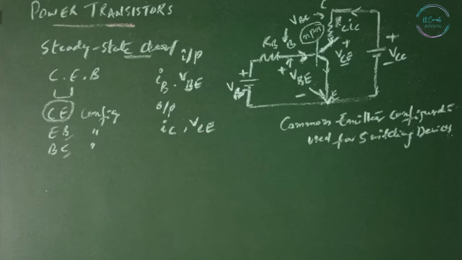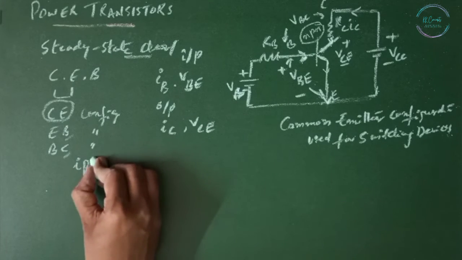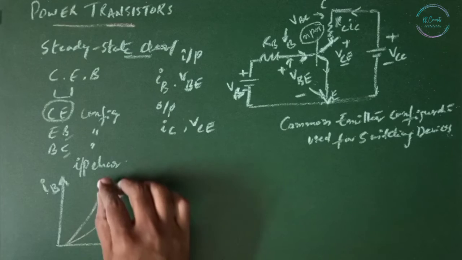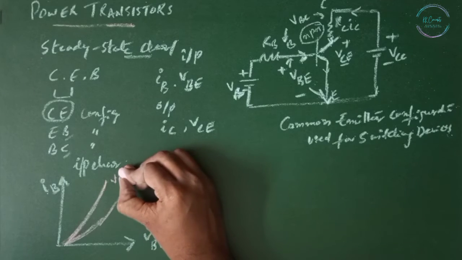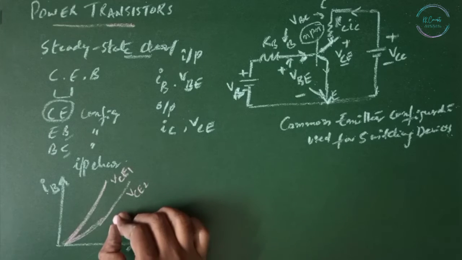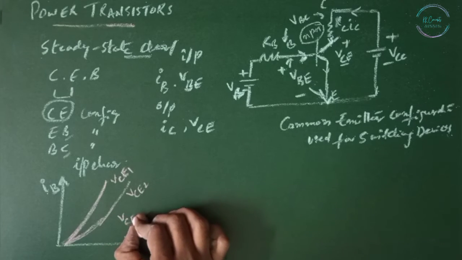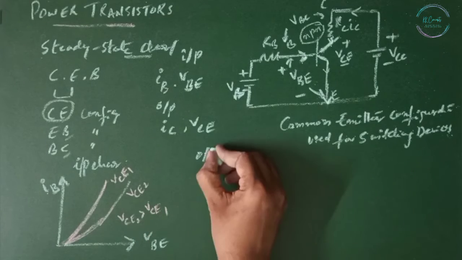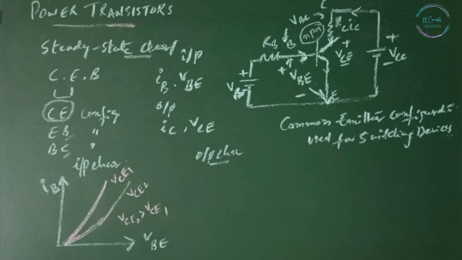Let us try to draw the input characteristics, VBE versus IB. These are the characteristics for VCE1 and VCE2, where VCE2 is greater than VCE1.